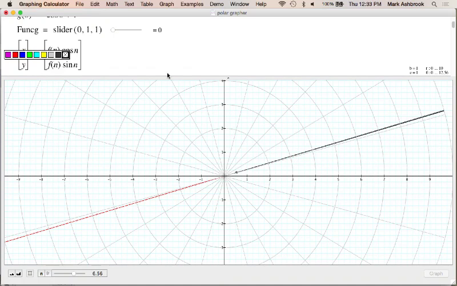So let's try, you guys try 1 minus cosine theta. So sketch. I'm going to sketch it this way. And then you're going to use this sketch to sketch it in the polar plane.